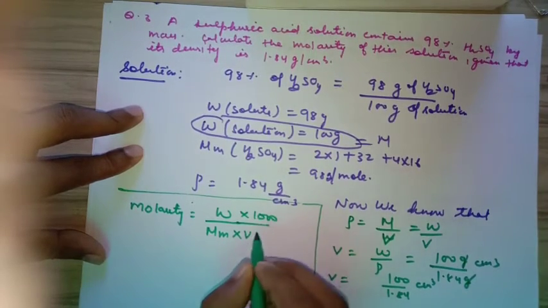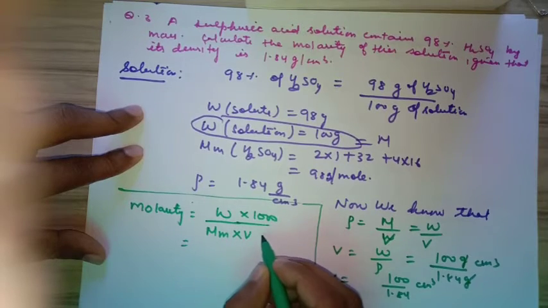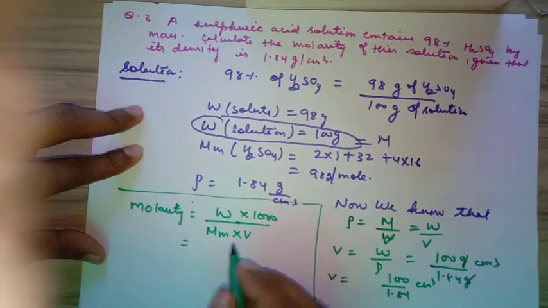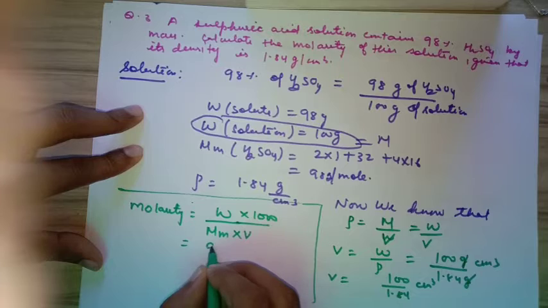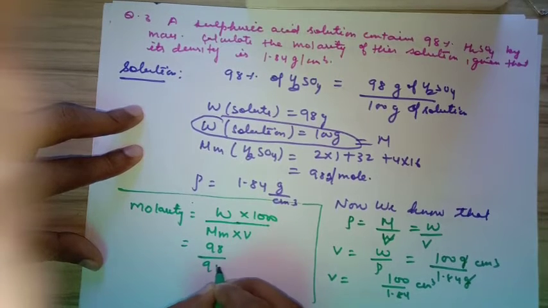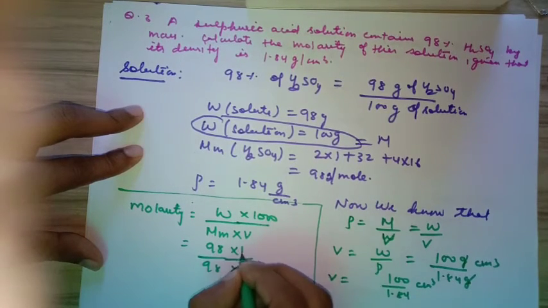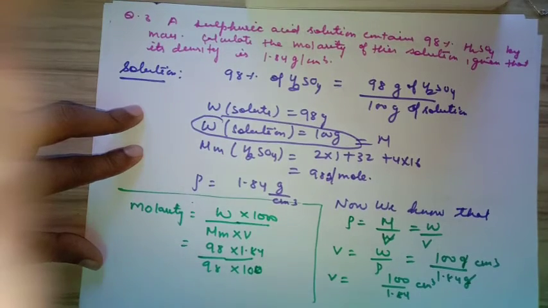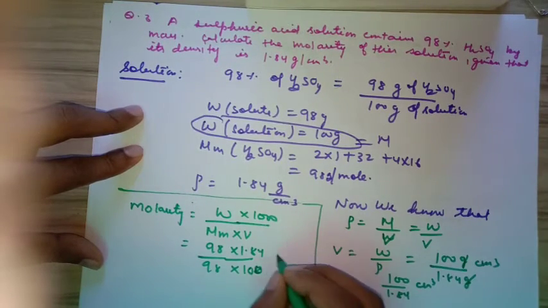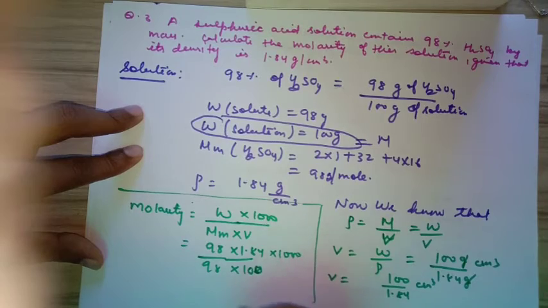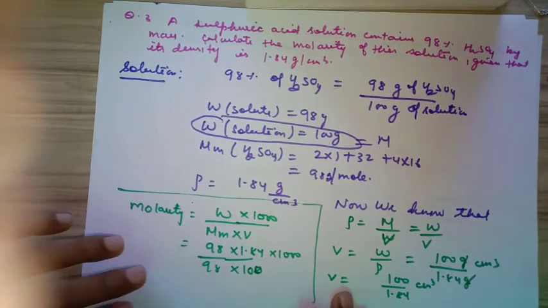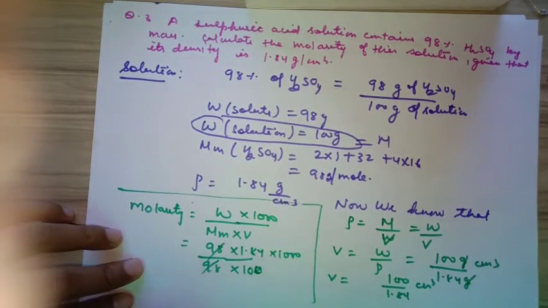Now volume in centimeter cube or mL is the same thing over here. So W is taken as 98, molar mass is 98, volume is 100 upon 1.84, so 1.84 will go up. Or you can take the 1000 on division, it will go up, so it will be 1000. So 98 and 98 cancel out.